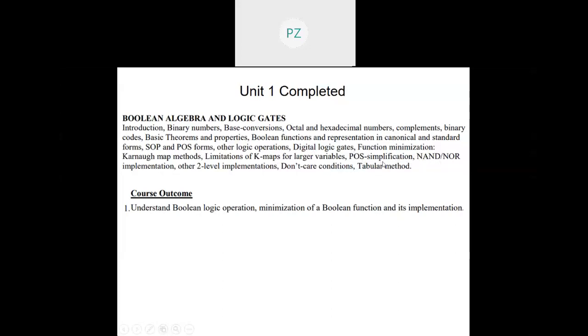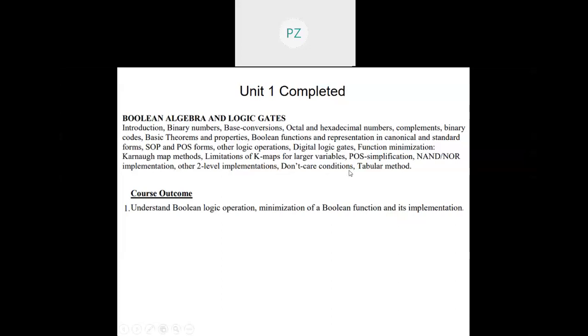Similarly, POS will be OR-AND implementation, which will be equivalent to NOR implementation. We also have seen other 2-level implementations, the degenerate forms and the non-degenerate forms. There are 16 possible combinations. 8 of them are degenerate, 8 of them are non-degenerate. So degenerate are of not much importance. So how to have it in the non-degenerate forms, right? That we have seen also.